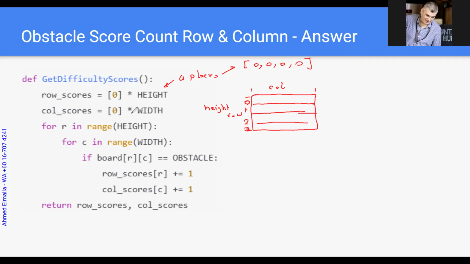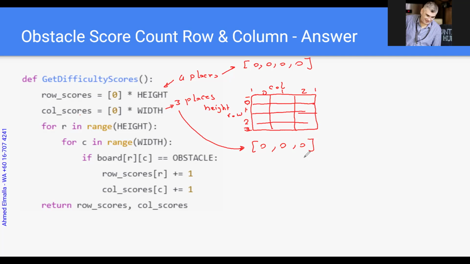Okay, so if we have the widths having only maybe 3 places, this will also make us have 0, 0, 0.